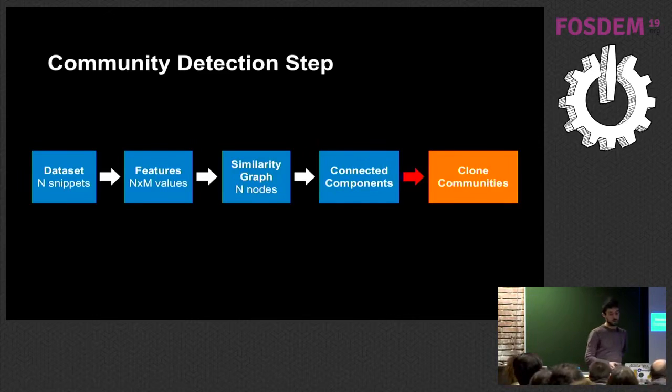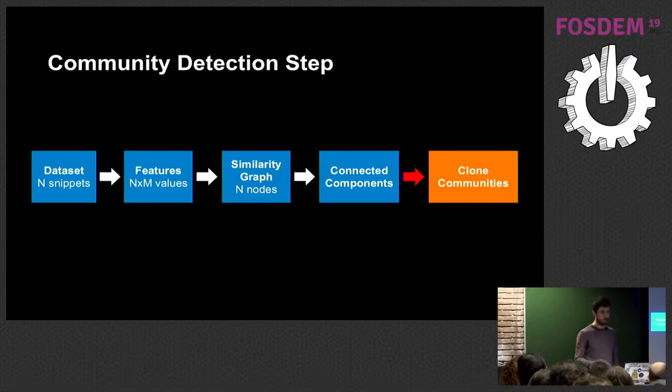You could imagine that all snippets in one connected component would be clones. However, in practice, this isn't true, because if you take 3 snippets, for example, A, B, and C, and imagine that A and B hashed to a same bucket and B and C hashed to a same bucket, let's take a threshold of 0.8, then in the worst case, even though there's a similarity of 0.8 between A and B and B and C, you'd only have maybe 0.64 similarity between A and C. And if you increase the amount of hops, the similarity is going to drop.